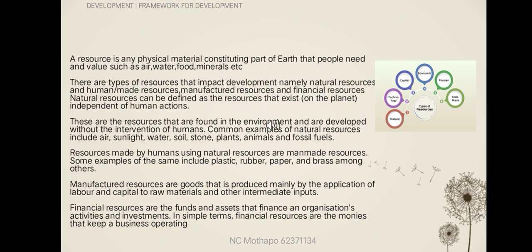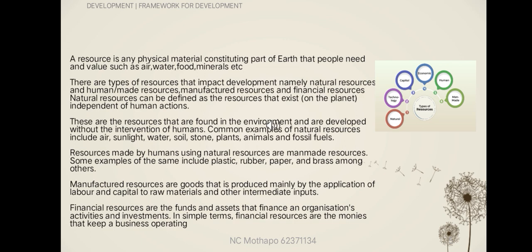Before we move along to explaining how the factors affect development, I feel it is very important for us to explain a few of these keywords, such as resource.